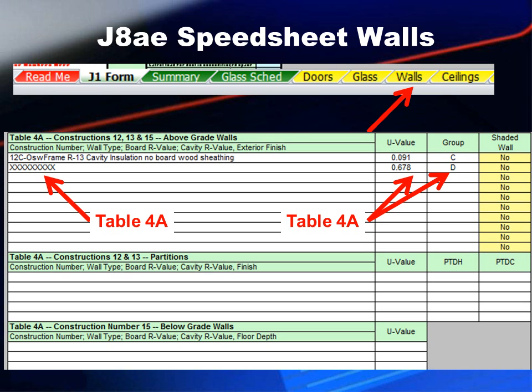Once again, we get our values from table 4A, so let's just imagine that XXX is a value similar to the 12C, OSW frame R13, cavity insulation no board wood sheathing that we have above, and that our table 4A values are, the U value is 0.678, and then we have a group number with this type, and so we put in a group number.